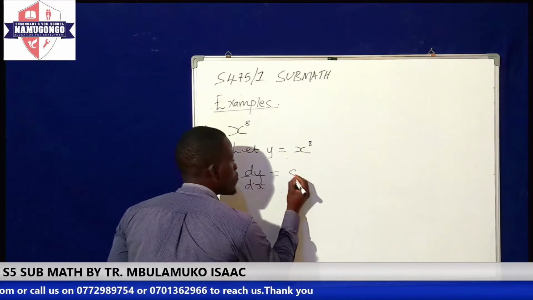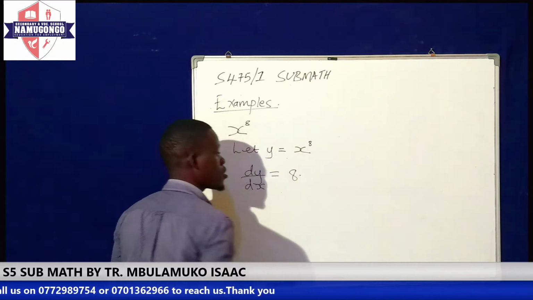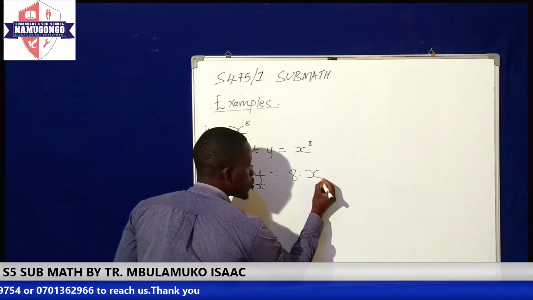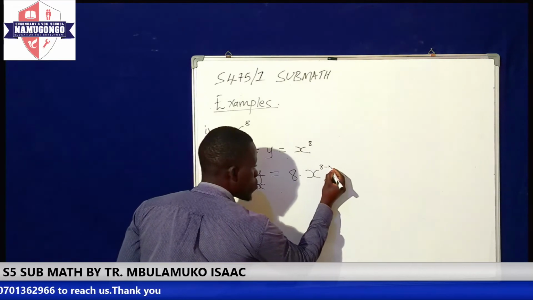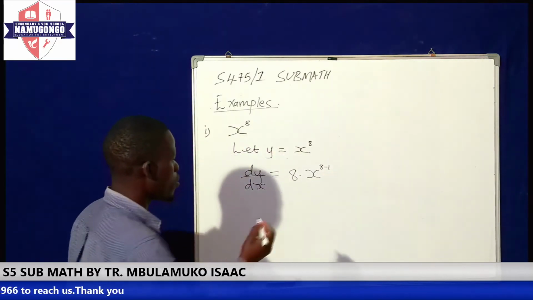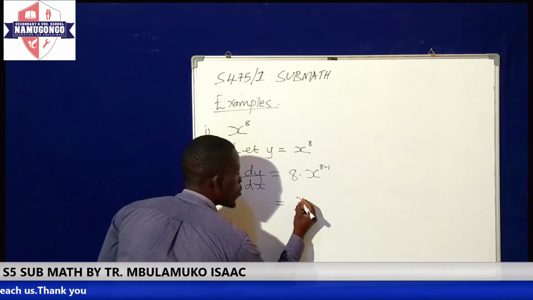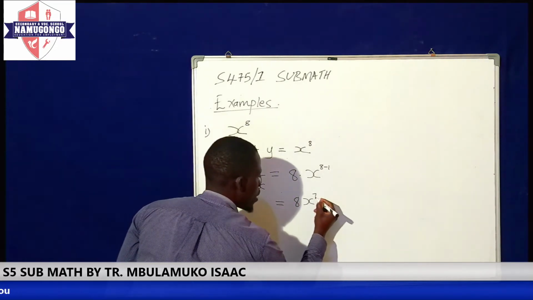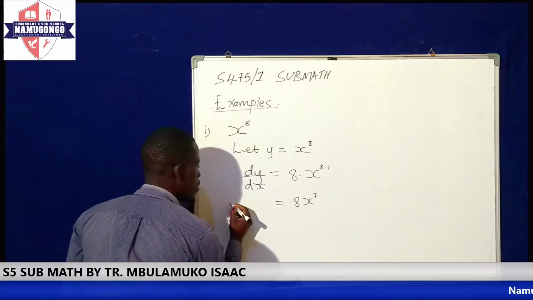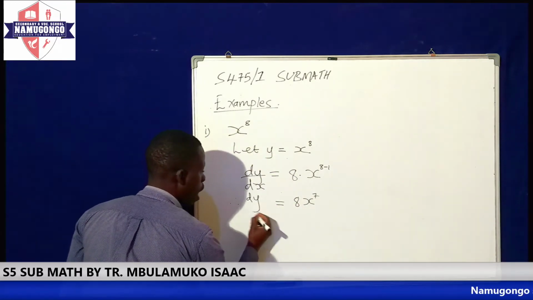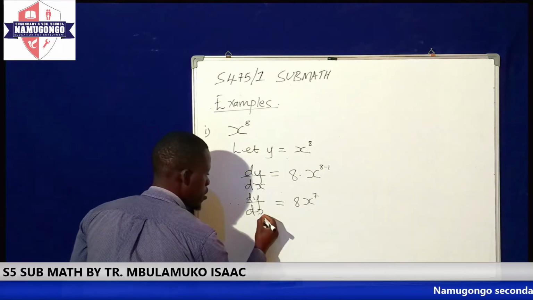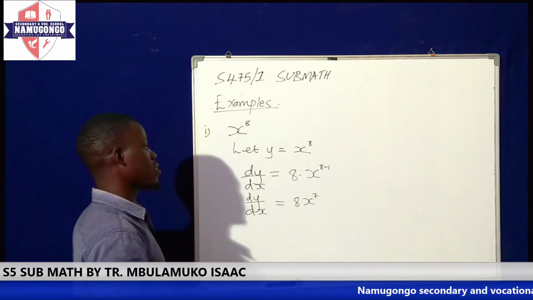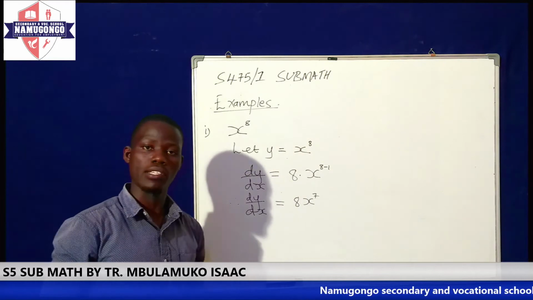So we shall have 8 times, and then you take the power of that function and reduce it by 1. So what do we get? We shall have, therefore, 8x to the power 8 minus 1, which is 7. And therefore that will be our answer for dy/dx as required. That is the first example, as simple as it is.